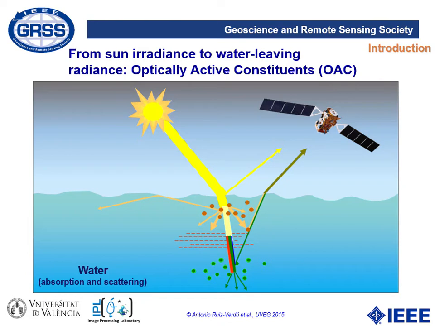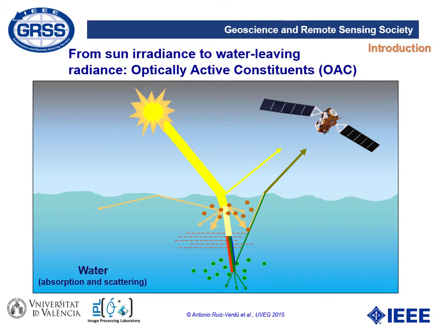That means that most of the light, or almost all the light, in those parts of the spectrum is completely absorbed by water, and is not useful for the remote sensing of water bodies.